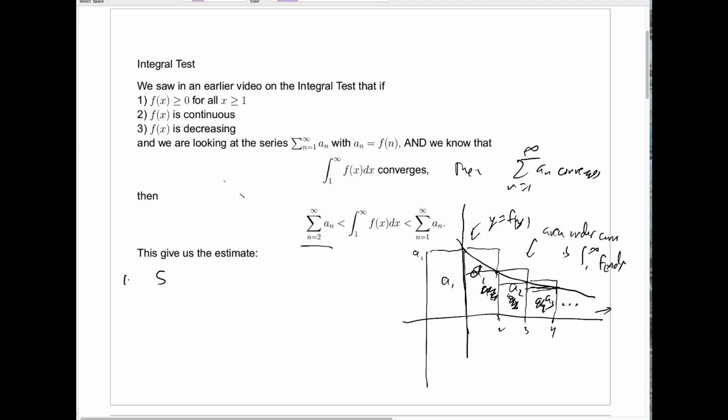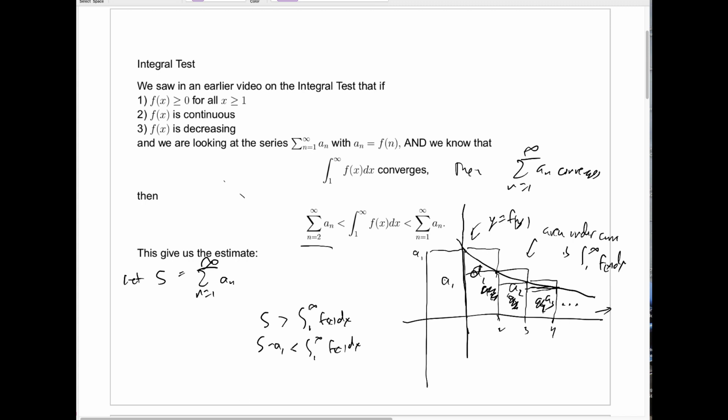Here's another way to write what this tells us about the size of the sum. If we let s be the value of this sum, again, when the integral converges, we know this will be some finite number. Then what this tells us is that s is actually bigger than this integral from 1 to infinity of f of x dx. That's what this right inequality says. The term on the left here is not s, but it's s minus a sub 1, and that's less than the integral of f of x dx.